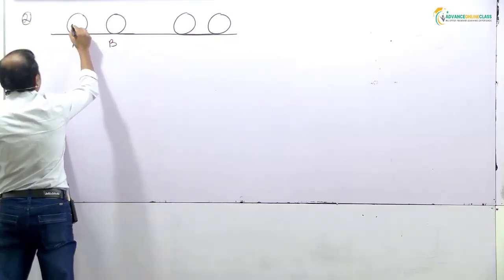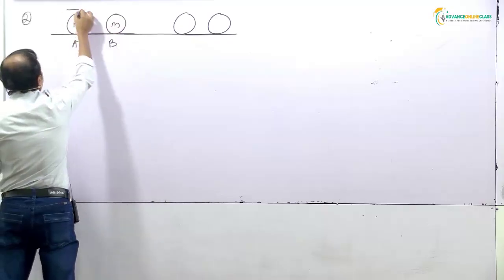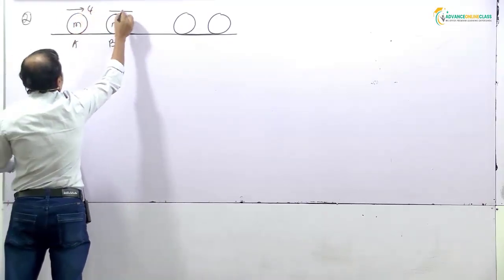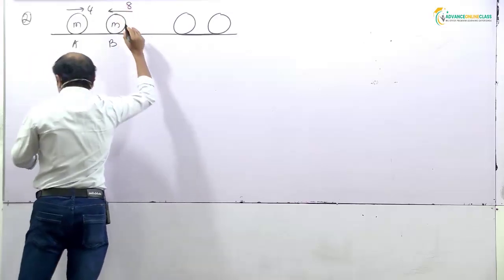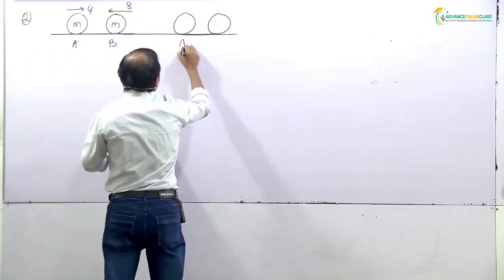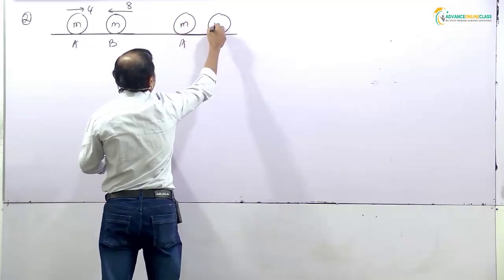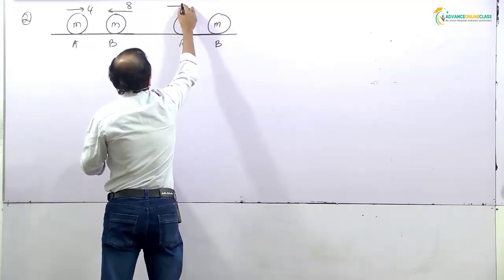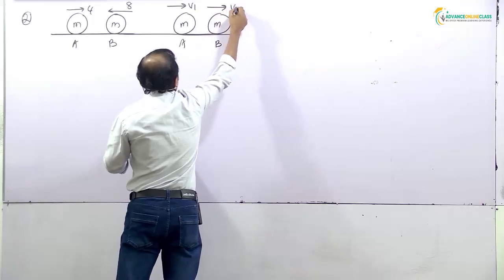A, B, masses M and M, this way 4, this way 8. After collision the velocities are V1, V2.